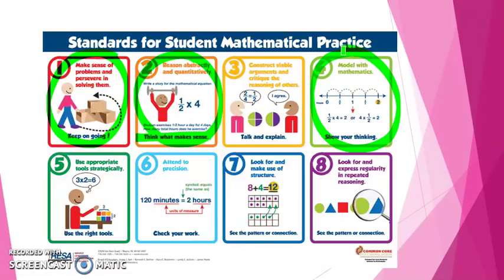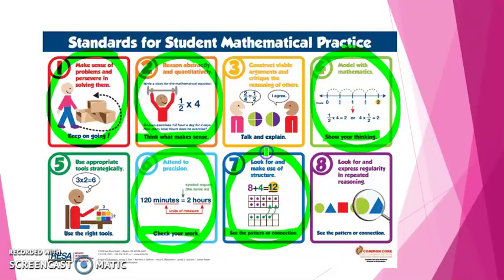And in this case, you're going to show your thinking with graphing your data on a line graph. We are going to attend to precision. We're going to make sure that we check our work. We're going to look for patterns and make connections. And I think that's about it.